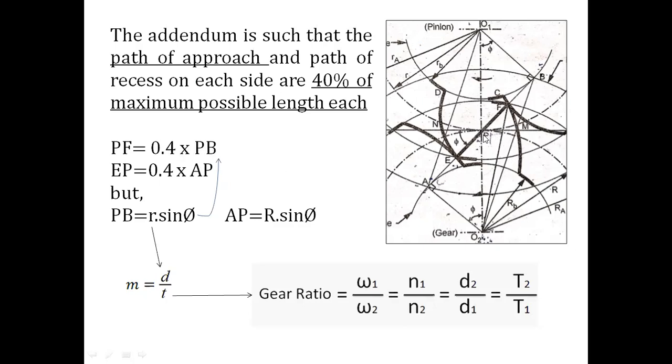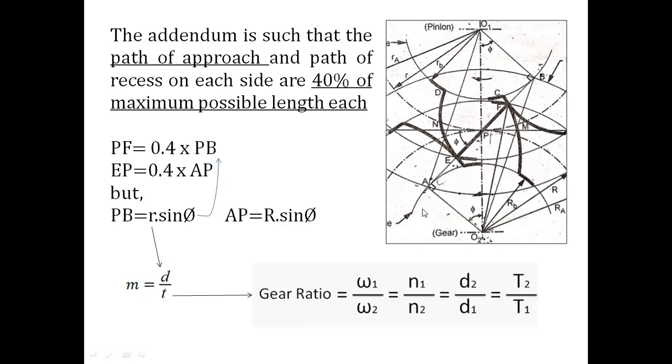Same thing happens in path of recess also. In path of recess, EP is 40% of maximum possible length. What is maximum possible length to avoid the interference? It is AP. Okay, so A and B are points of interference.